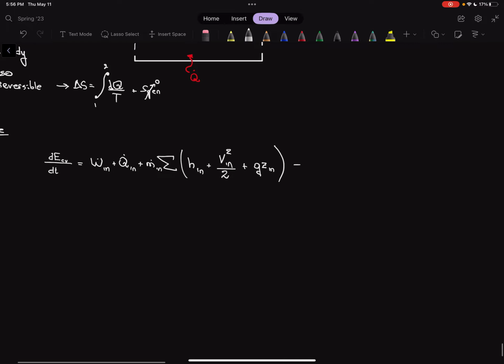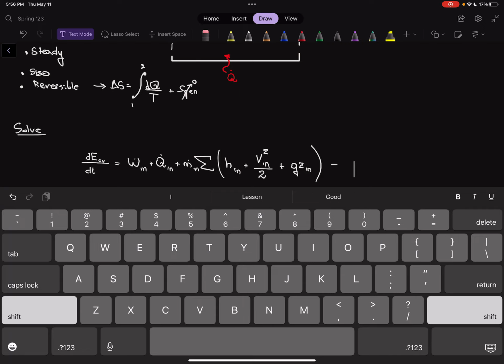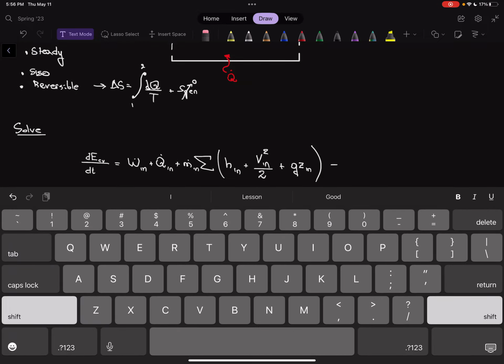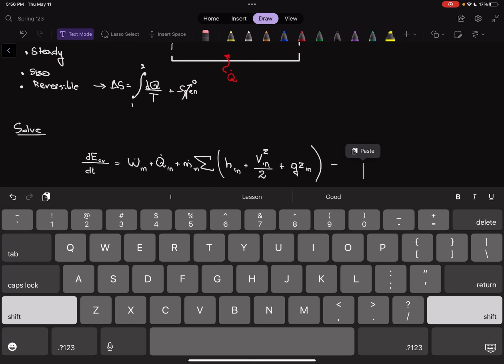And then minus the same term, but everything is going to come out, so the subscripts are going to be out. I'm just going to copy it and paste it over.